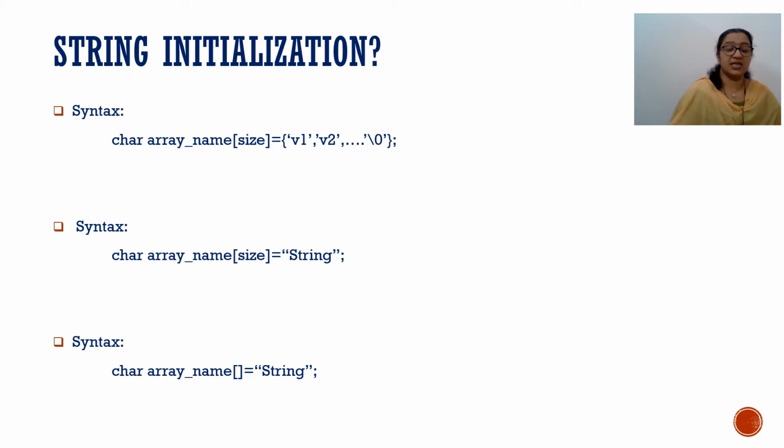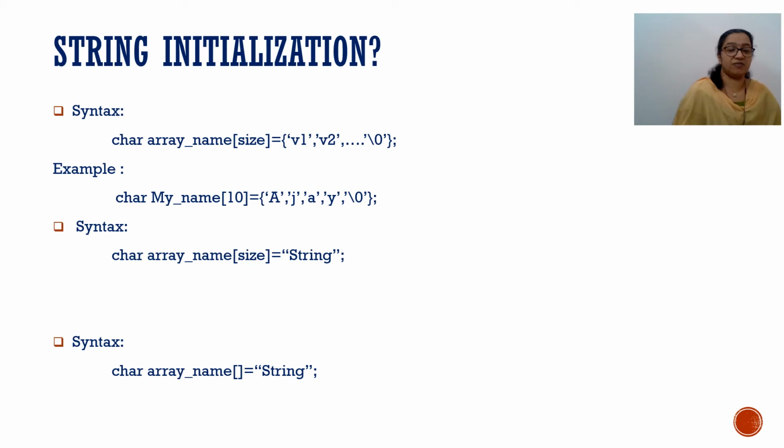Now see the example here. Char my name of 10 size. The size is 10, and the letters are A, comma J, comma A, comma Y, and the ending letter is backslash 0. This is the way of initialization, letter by letter with commas.